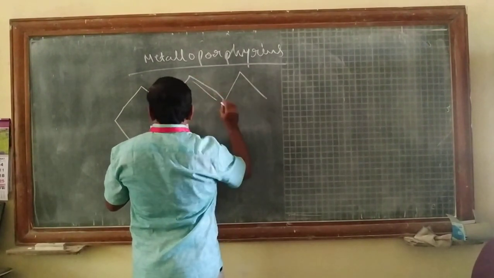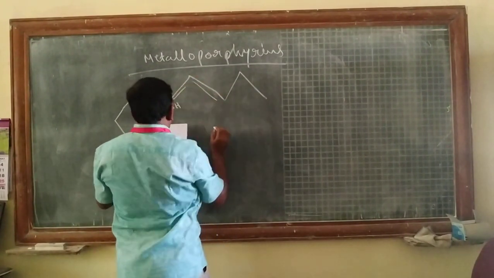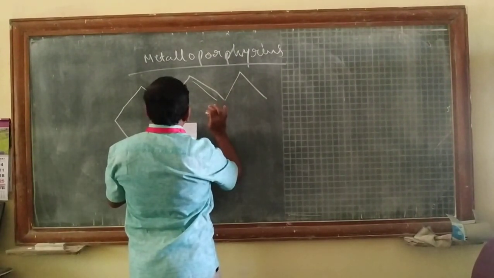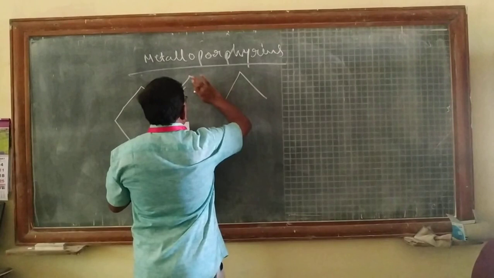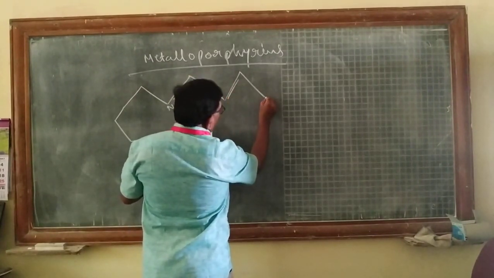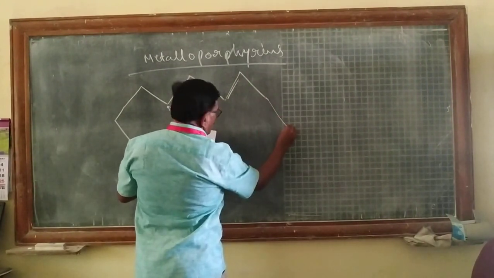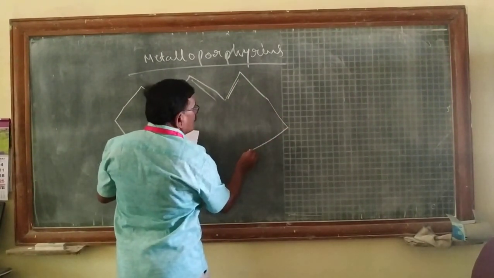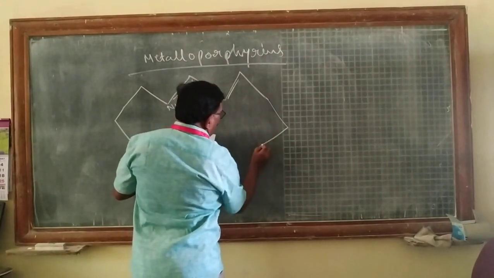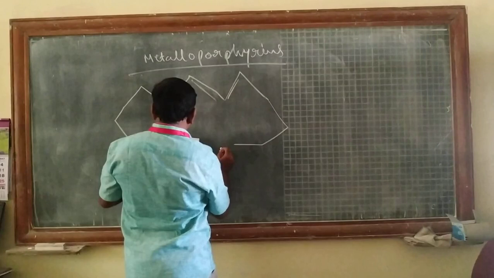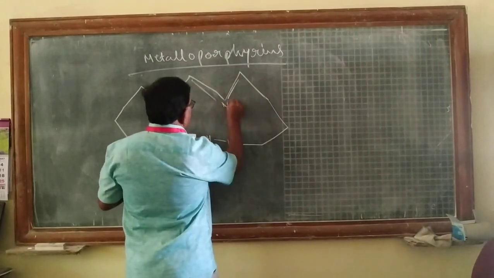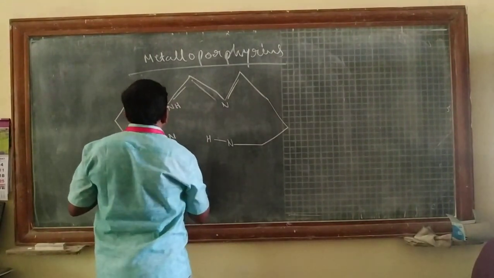This is a double bond and this is a double bond. N, a single bond H, and this is a nitrogen.